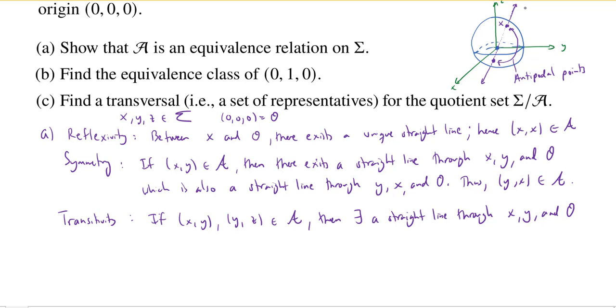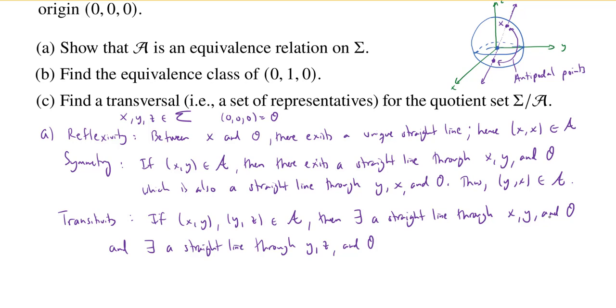On the other hand, we also know there exists a straight line through (y, z) and the origin. But it has to be the same straight line because 2 points determine a line. Both of these lines contain the same 2 points, y and the origin.